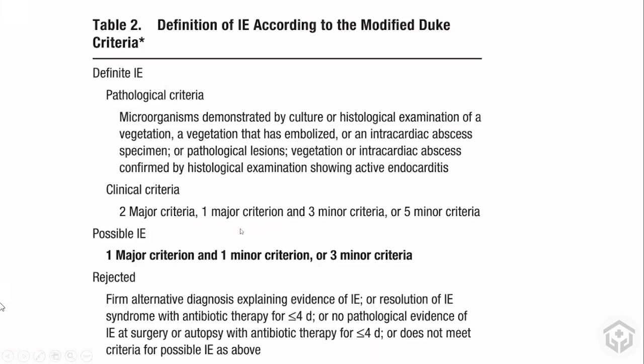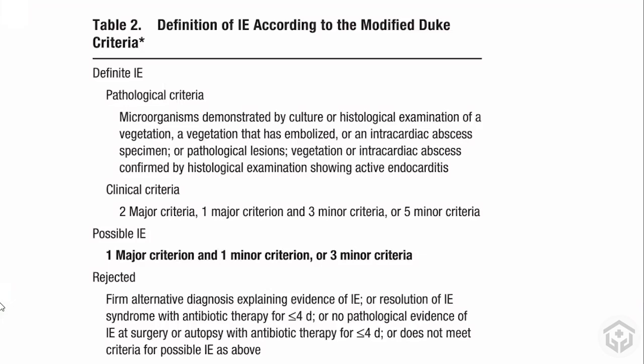If only one major criterion is present, like either the blood culture or the vegetations, we have to have three minor criteria along with the one major criterion, or five minor criteria alone is also enough to make a definitive infective endocarditis.